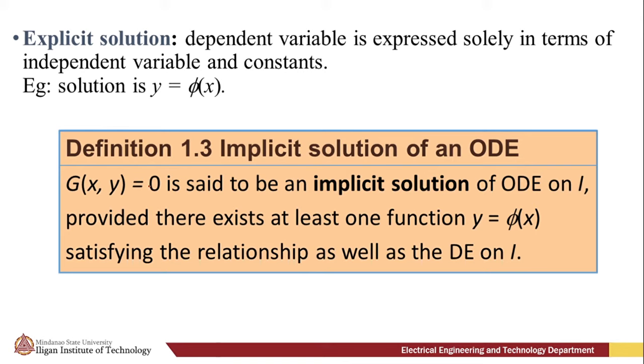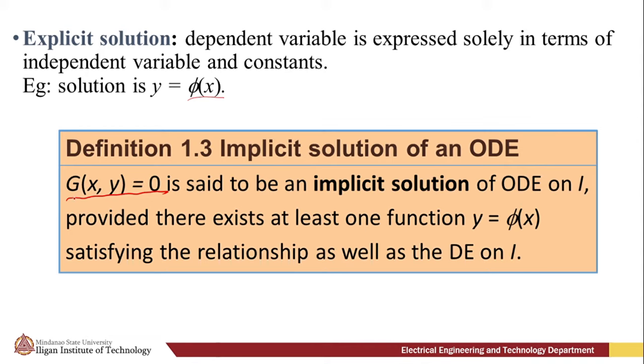Now, for the implicit solution of an ordinary differential equation, you have this form g of x, y equals 0. For the explicit, we separate the dependent variable on the left-hand side and all the independent variable and constants on the right-hand side. While for the implicit, you have this g of x, y equals 0, where all the dependent and independent variables of your solution are on the left-hand side, equated to 0 or a constant.